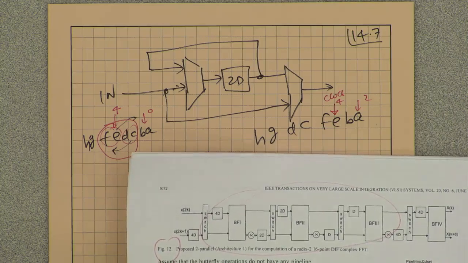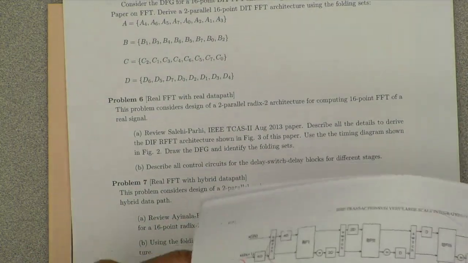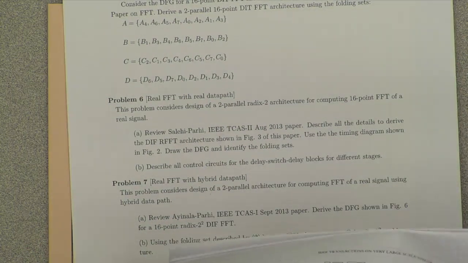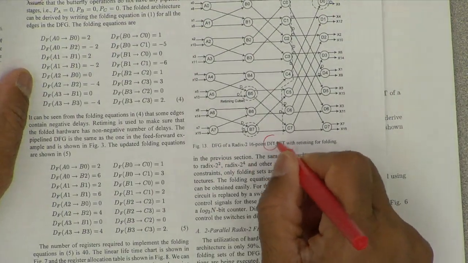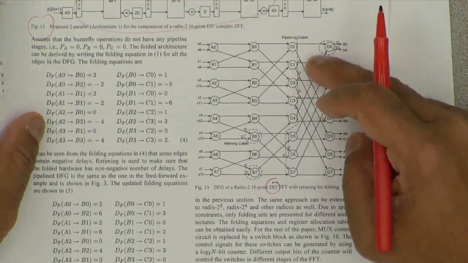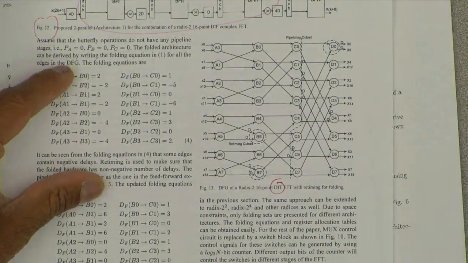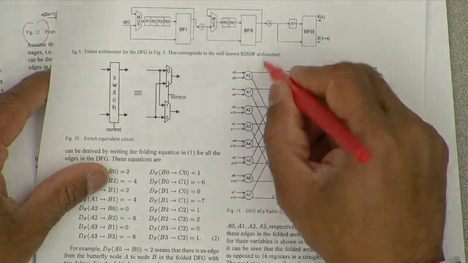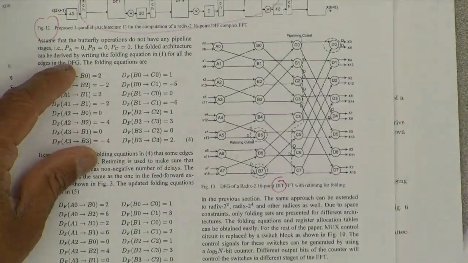Let me see what problem 5 says. Problem 5 says in the same paper, 16-point, we now look at figure 13. This is decimation in time, DIT. So look at what the FFT looked like in figure 11. If you look at these interconnections, this has gone to the last part, this has come to the first part.